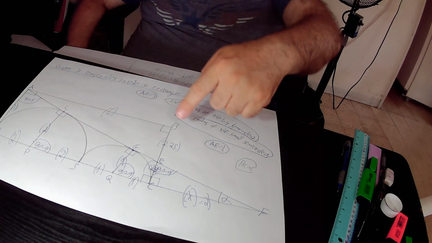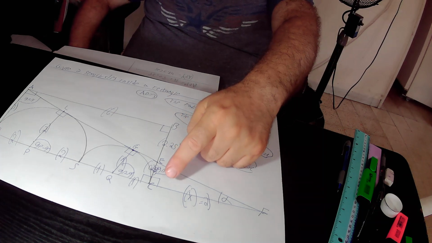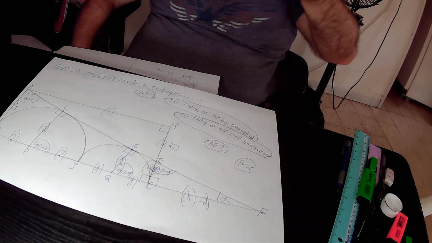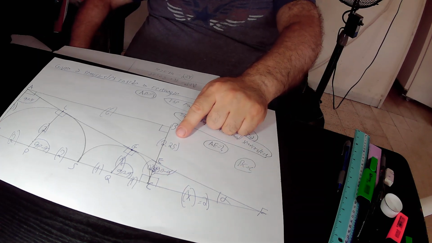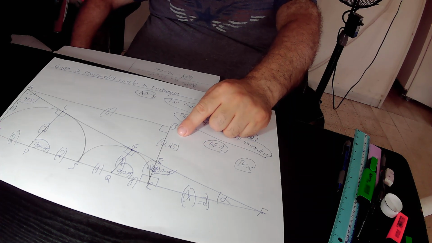AB equals 3, therefore BC will be equal to 3 also. So BC is 3 minus EC, that is 0.75. 3 minus 0.75 is 2.25. So we found out that the missing side BE equals 2.25.